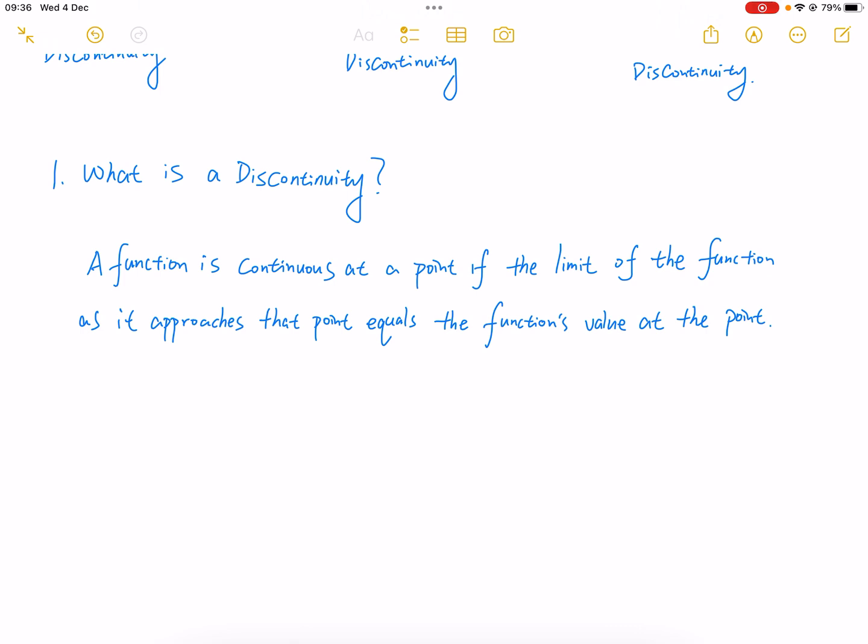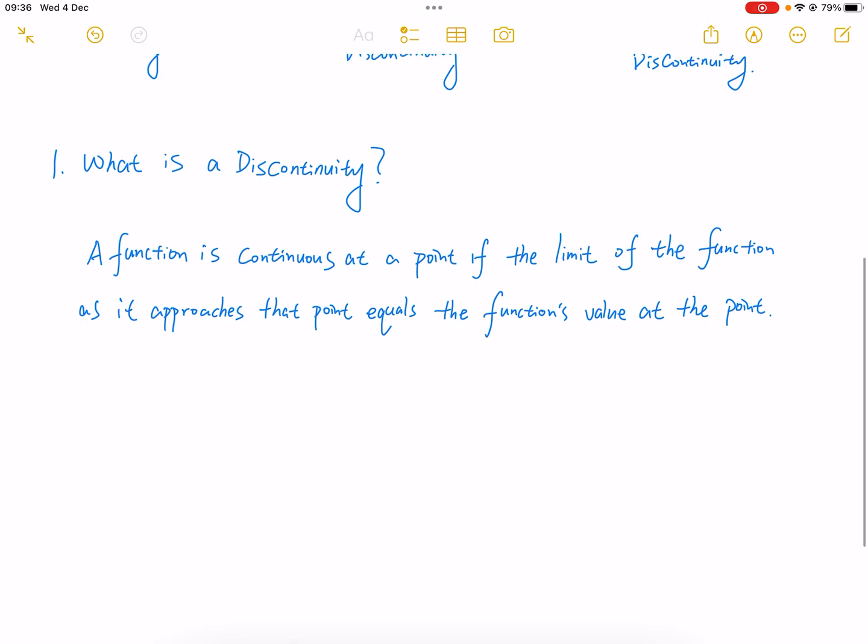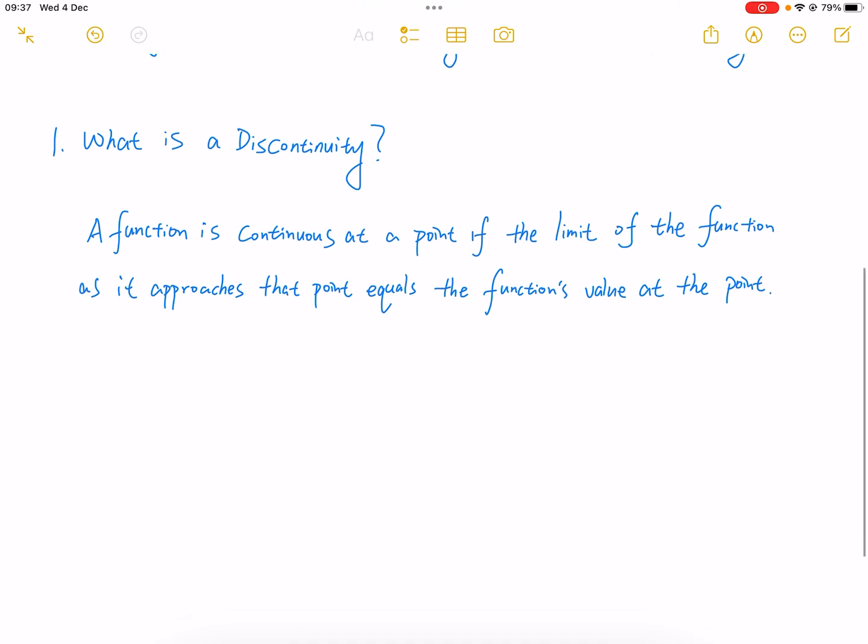This is the condition for continuity. Now, if the condition is not met, then the function has a discontinuity at that point.